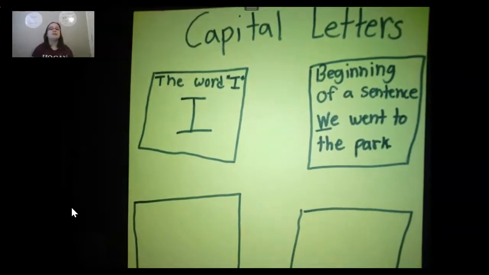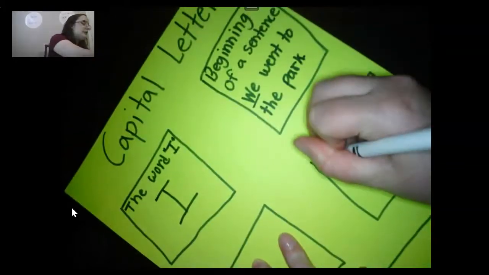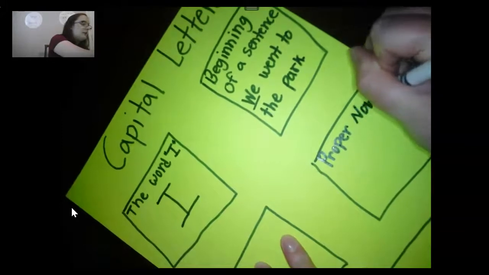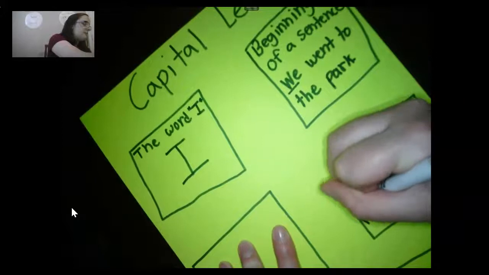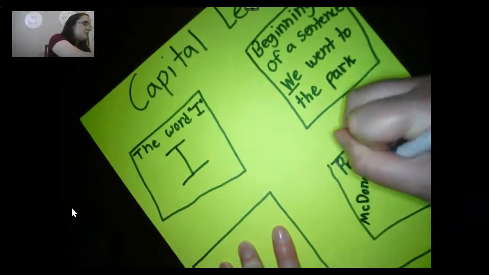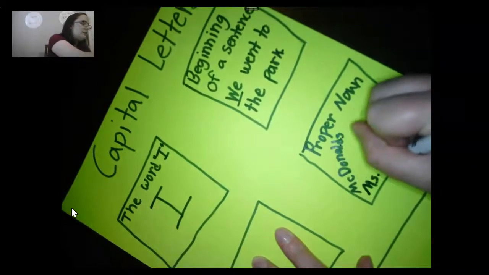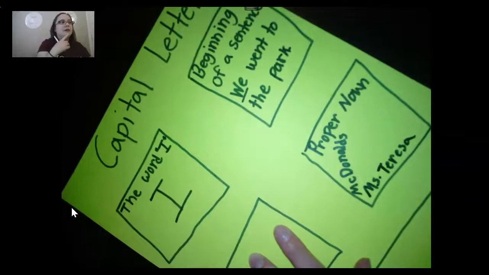Friends, remember, these are nouns, but they're a specific type of noun called proper nouns. Anytime you see a proper noun, it'll be capitalized, like McDonald's or Miss Teresa.